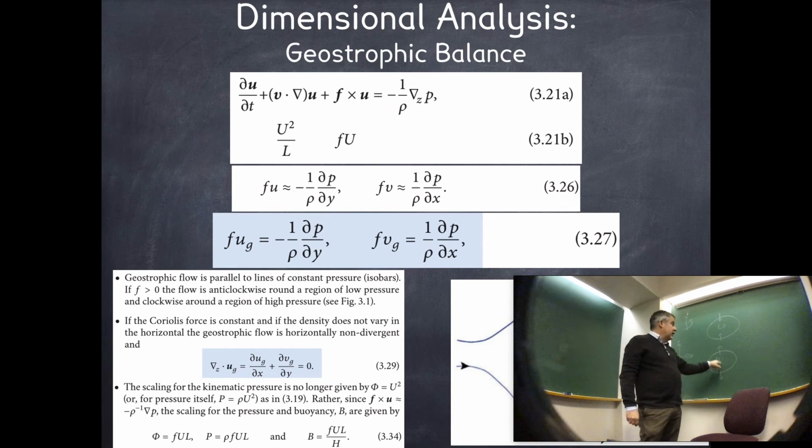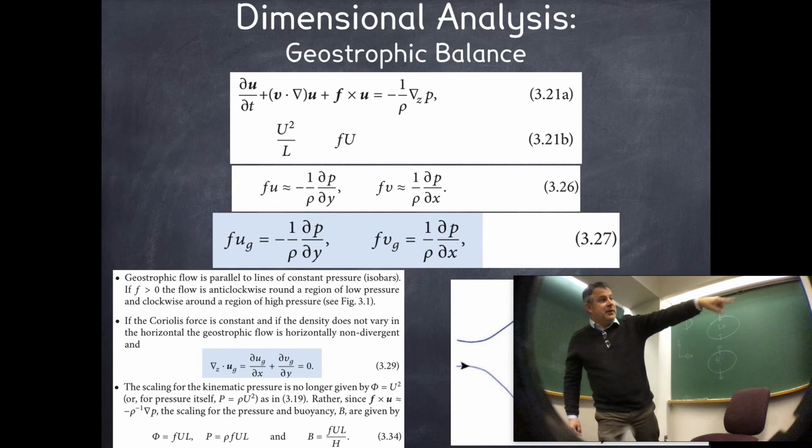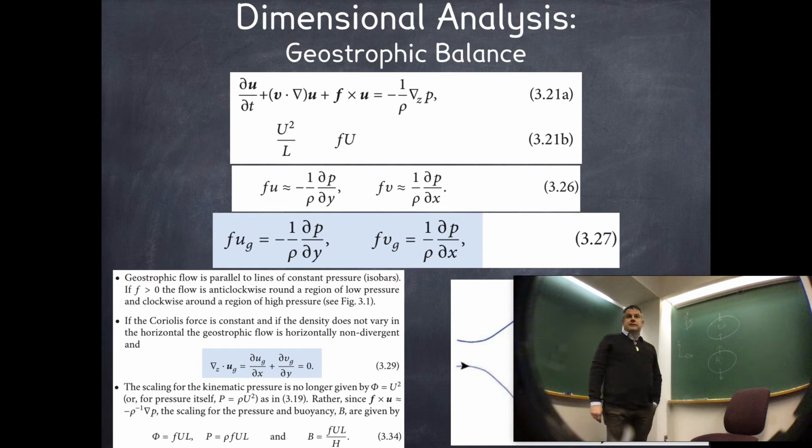Okay, and what about in this direction? dp dx. Which way is that pointing? From low to high. So dp dx is pointing out this way. Oops, other way. This way. So that's rather confusing.